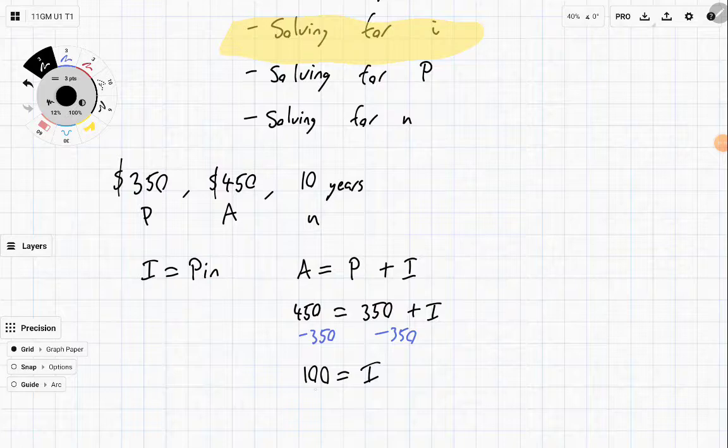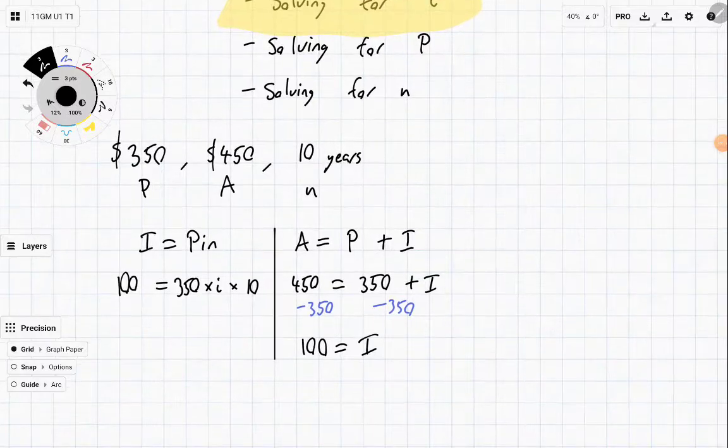Now we can use that in this formula. So if the interest is $100, the principal is $350, the interest rate is, we don't know, and the time is 10 years, N is 10 years, then we've got this equation sitting here. So how do we solve for i?